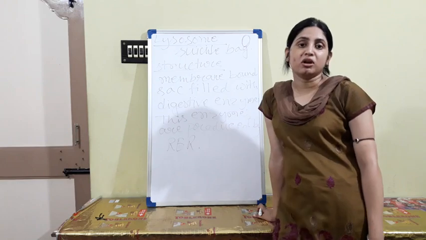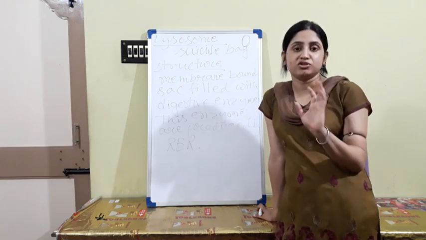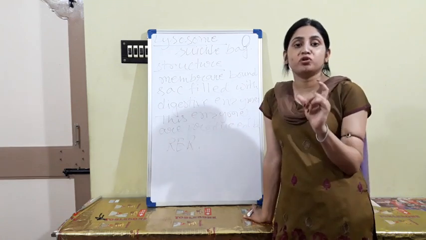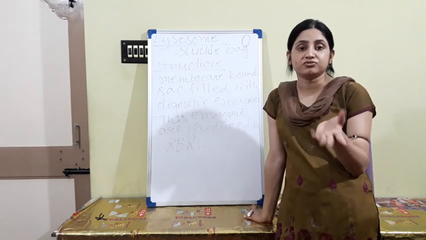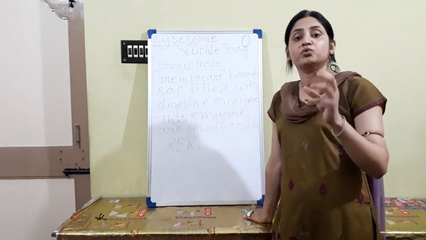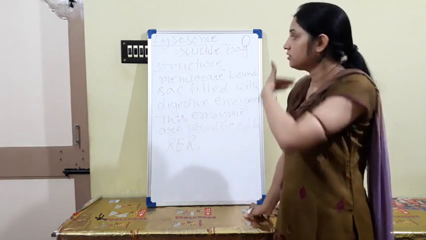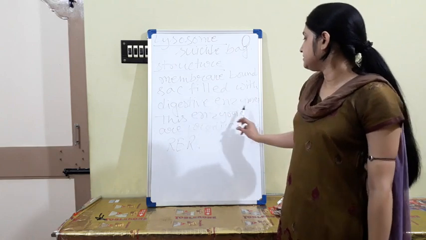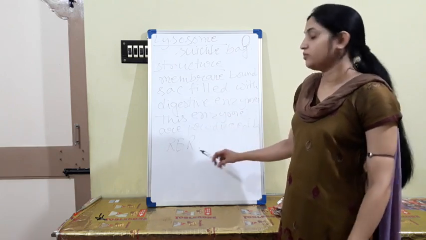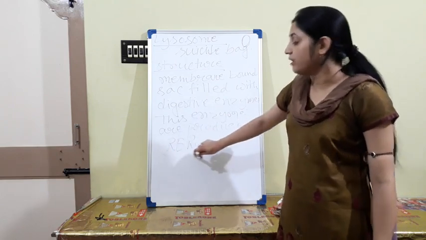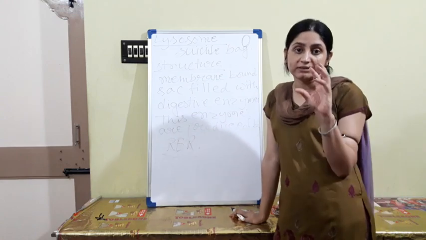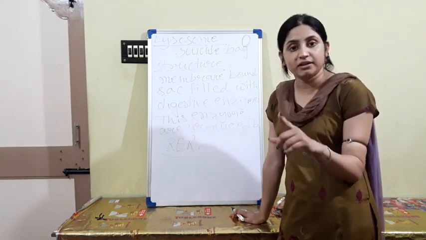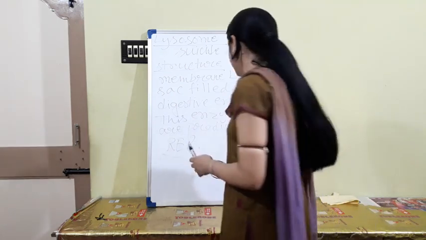This enzyme is also called lysozyme, which is not present in your book, so no need to recall that. Lysosome produces lysozymes that help to destroy other cells that are harmful for our body. So structure: membrane bound sac filled with digestive enzymes. These enzymes are produced by RER, that is rough endoplasmic reticulum.